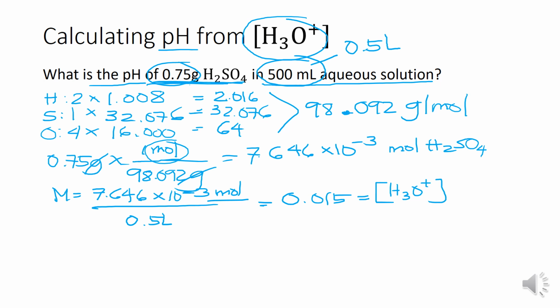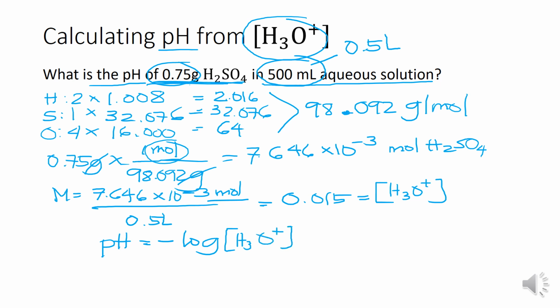So we can now use the formula for pH. pH is equal to negative log to the base 10 of the hydronium ion concentration.